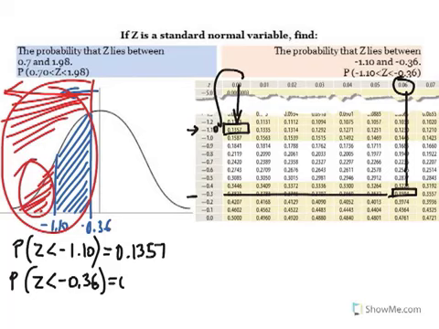And that cell will be 0.3594. Let me make this a little bit clearer. 3594. So it's that thing right here, because this 6 comes here, and that's going to be minus 0.36. If you have a z-score that is a negative value, that means that it's going to be on the left side of the mean, therefore in the table it will probably be on the left side of the table.